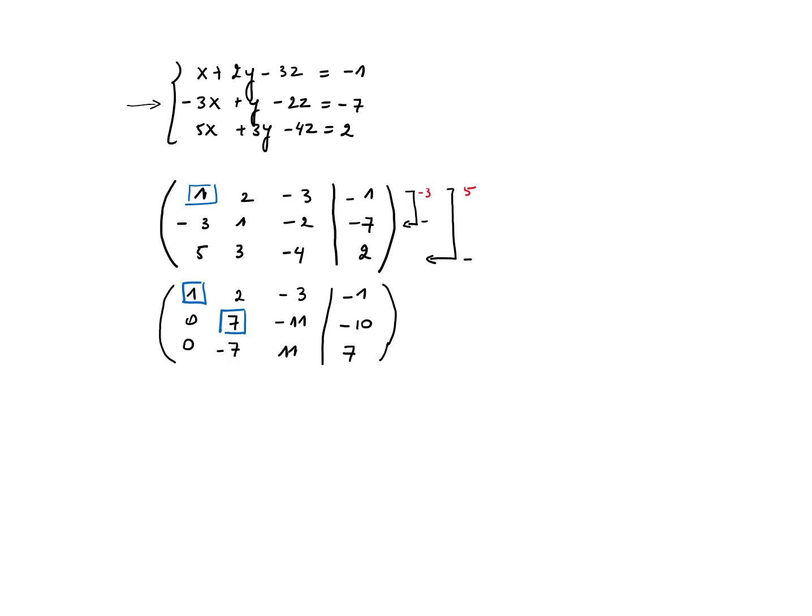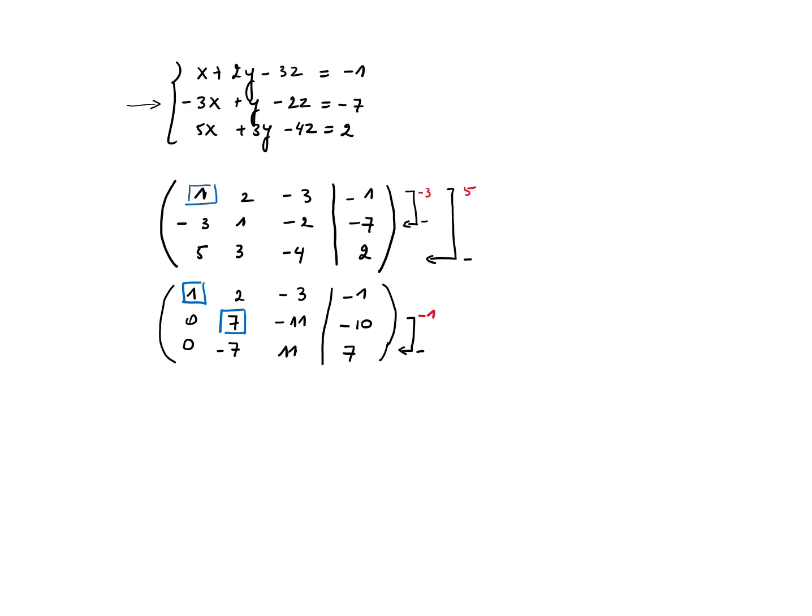and now we want to produce a 0 below the second pivot. So we need to do this elementary operation, and the multiplier will be minus 1.